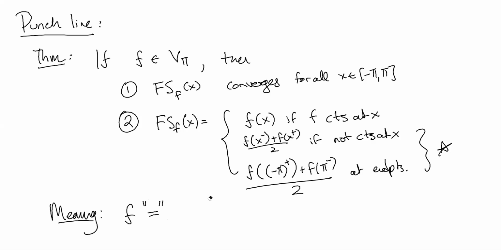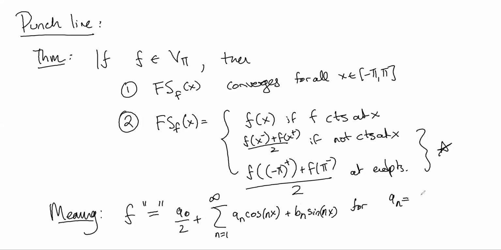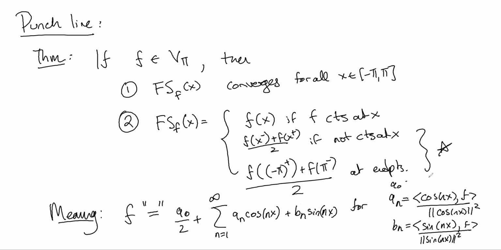And remember, the coefficients are these very specific things. So a naught is, okay, a_0 is equal to half of that.